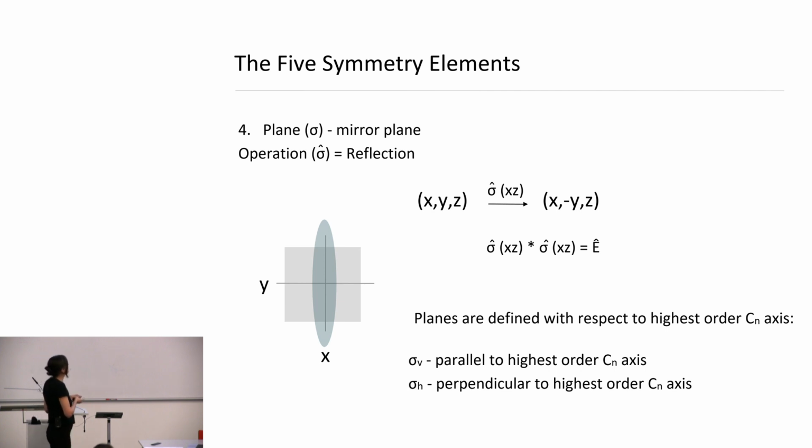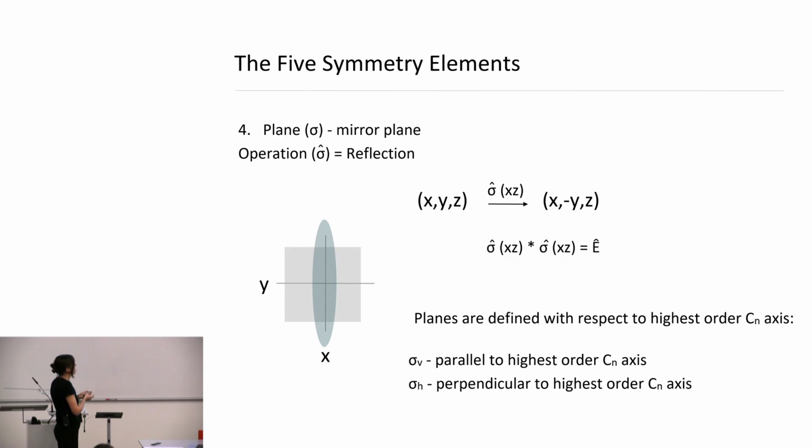And so here, for instance, if I have a coordinate x, y, z, and I put my mirror plane in the xz plane, of course, nothing happens to x or z. I return the same exact coordinates, but I send y into minus itself, right? And so that's what the plane operation actually does.